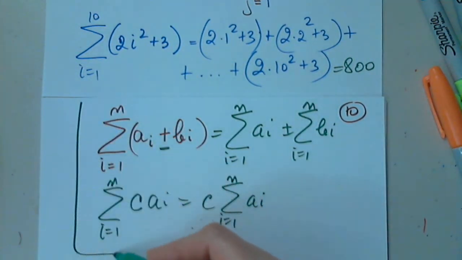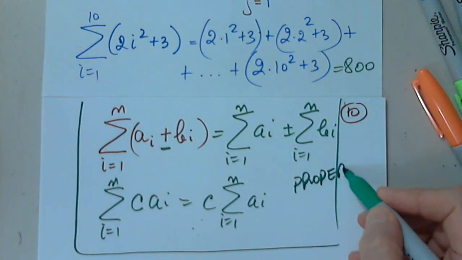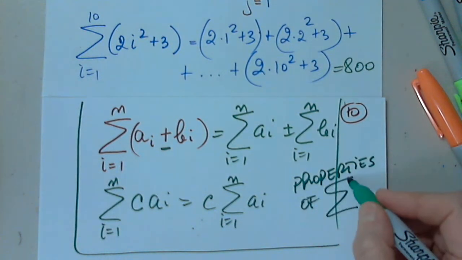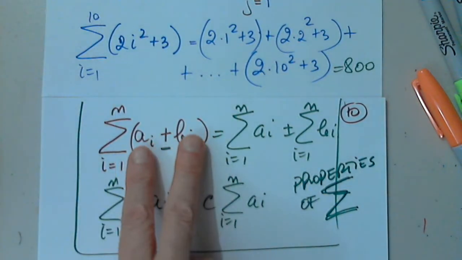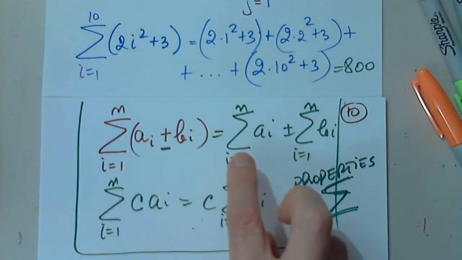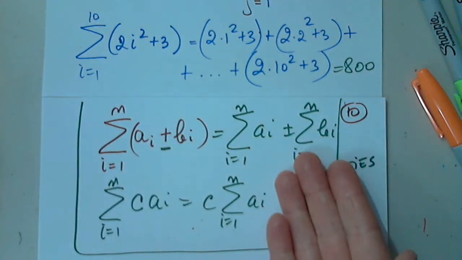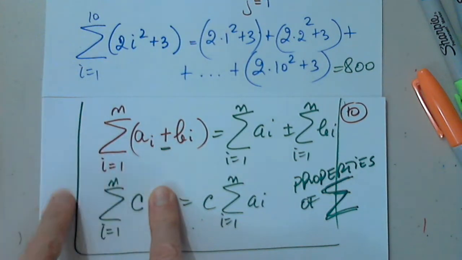So these are the properties of sigma. The sum of two generic terms is the sum of each separately. The sum of the difference of the two generic terms is the difference of those two. And if a constant is in front of any generic term, the constant goes outside.